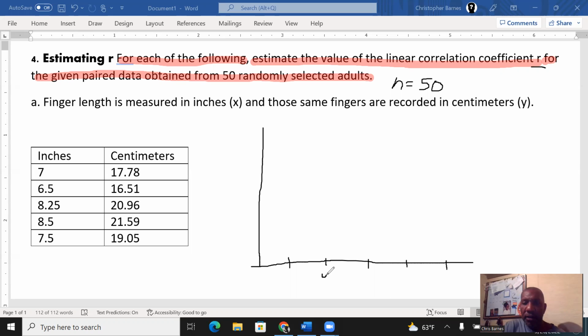So we got 4 here, 8 right there. And this right here is inches. Then we're going to do centimeters right here. Now over here, we're going to start off at 5, 10, 15, and then we'll do 20 right here.